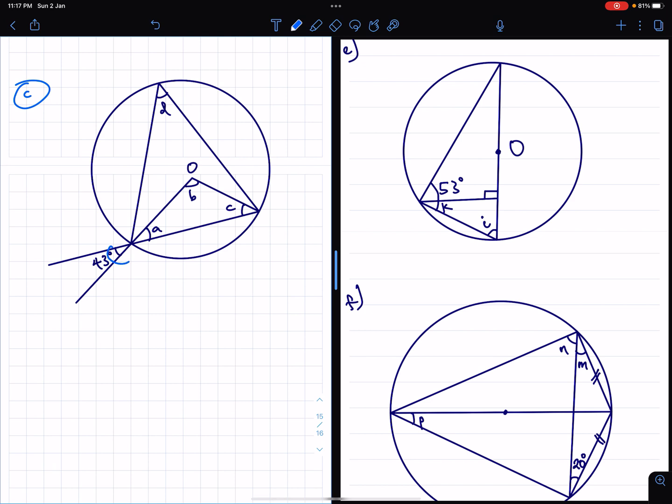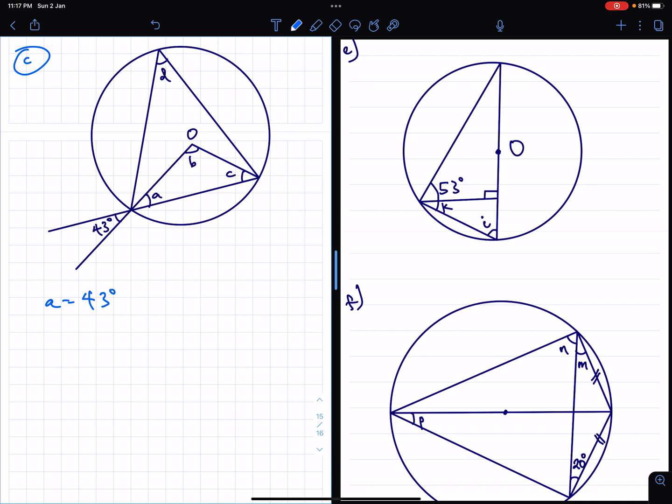If this is 43 degrees, that simply means A is also 43 degrees, and the reason for that is vertically opposite angles. So angle A is equal to 43 degrees. Now, this is a radius and this is also a radius, so this triangle is an isosceles triangle, which means its base angles are equal.